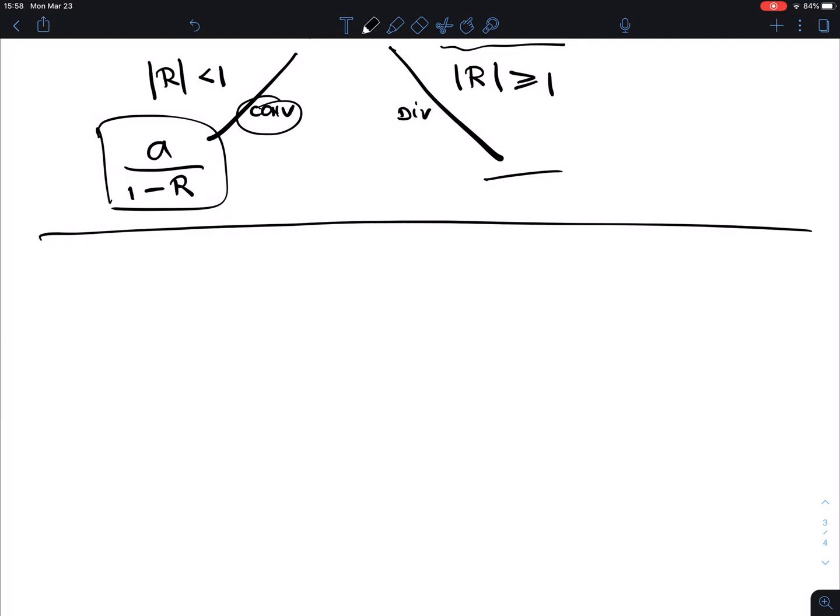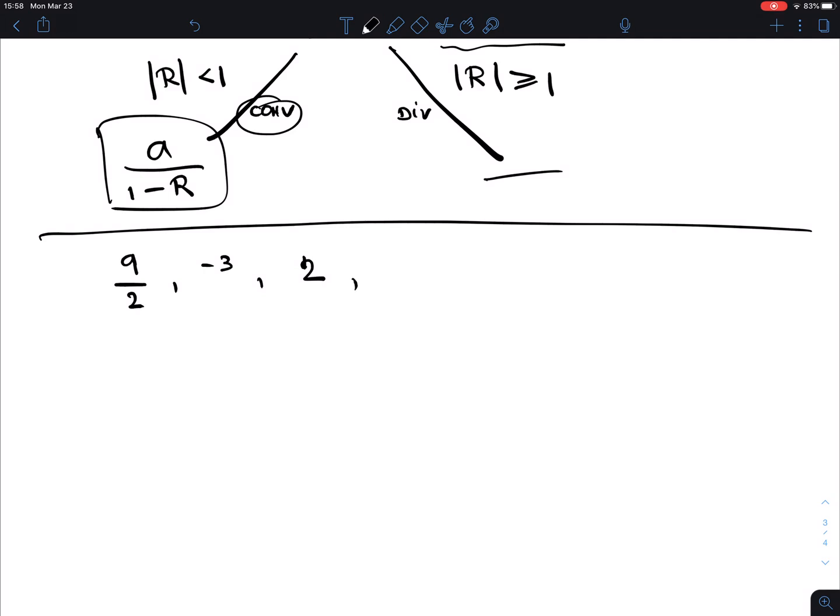Let's take a slightly more difficult one. Let's take 9 halves and then minus 3, and then the next one is going to be 2.